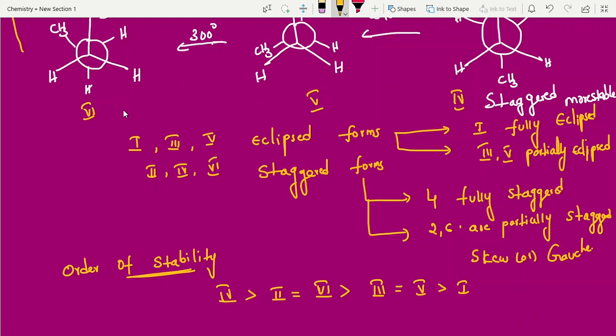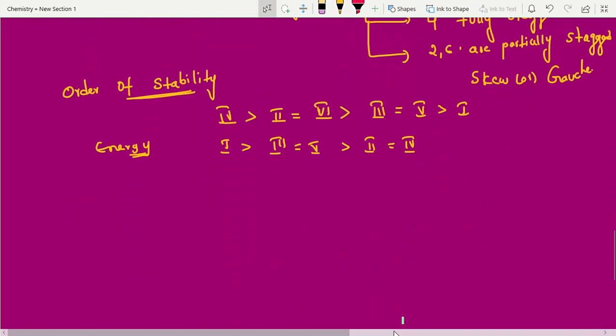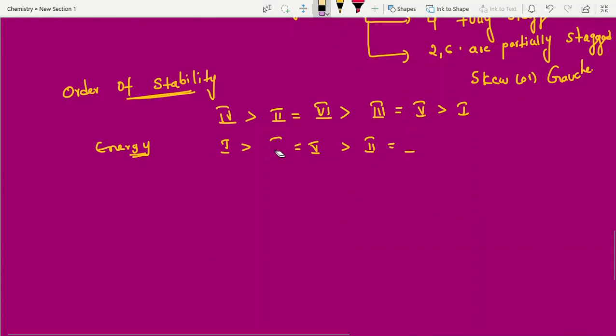Energies means the reverse, right or not? We are taking energies in reverse. Can you tell what the energy order is, students? Energy order, we are taking the reverse. 1 greater than 3, 3 equal to 5, that is greater than 2 equal to 4. I'll write a little lower, it seems to be clumsy.